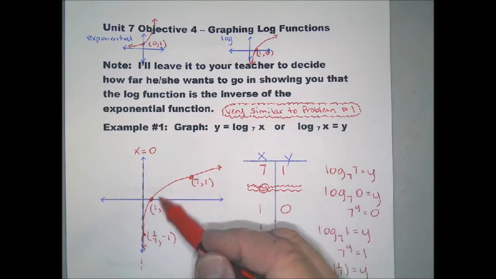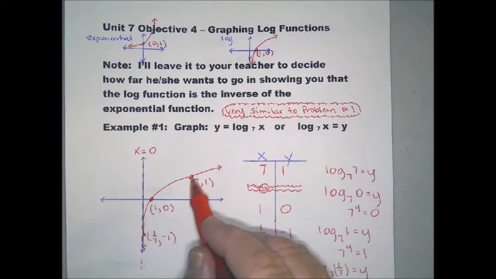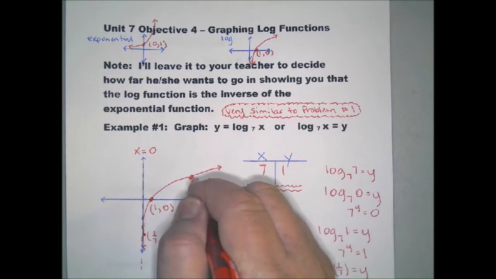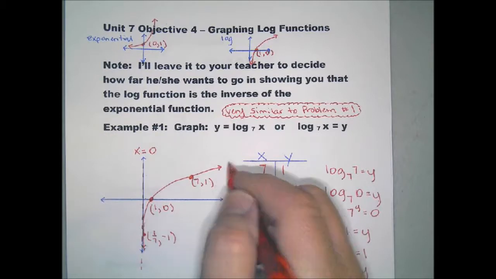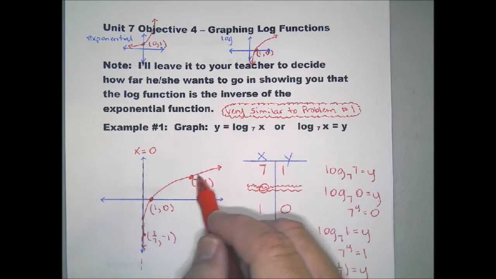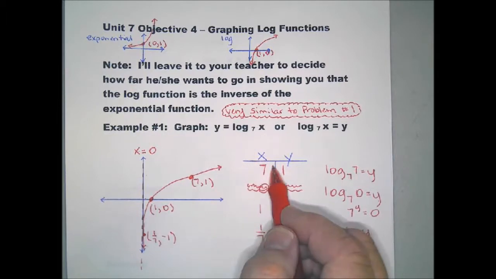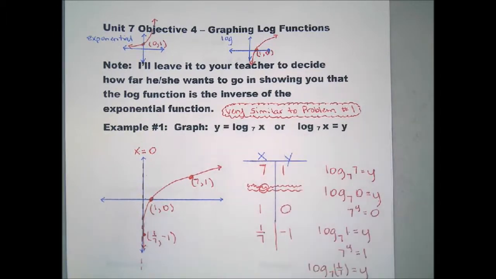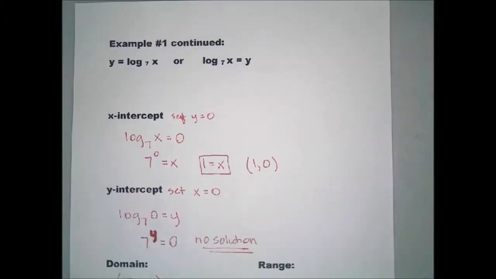Now, the next question is going to be the range. What's the lowest point and what's the highest point? Well, this just keeps going lower and lower forever. Now, this keeps going higher and higher, but it never flattens out perfectly, but it gets closer and closer to being flat, so it takes longer and longer to start to keep going up and up. But it does. It goes lower and lower forever, and it goes higher and higher forever.